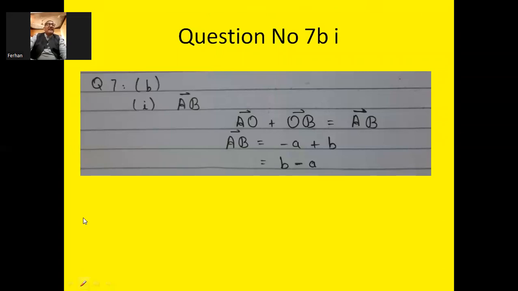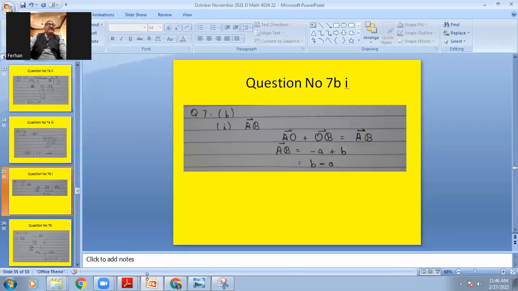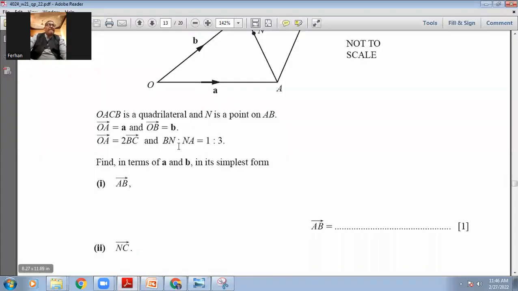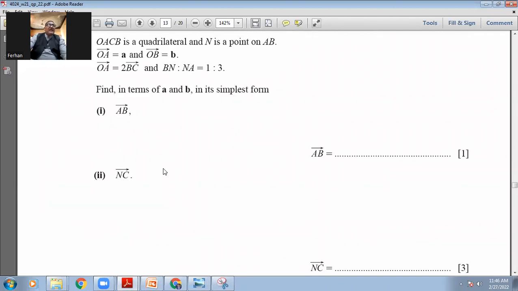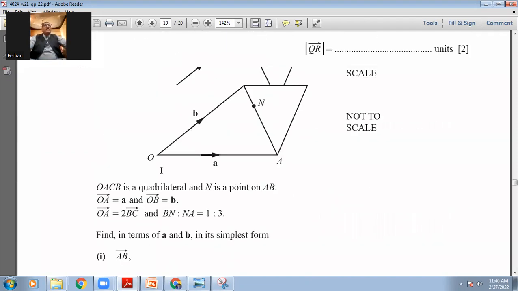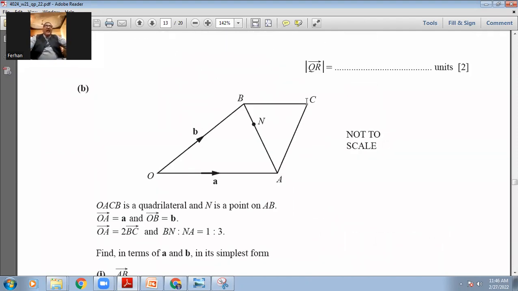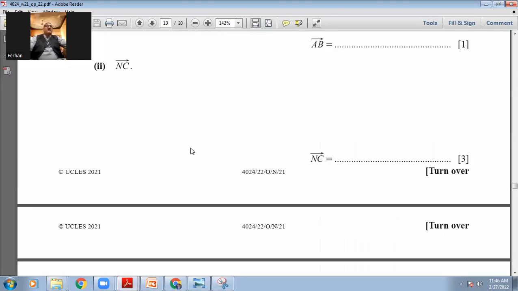So we know this value: AB is b minus a. Then he wants us to find NC. From N to B and from B to C. BC will be half of a. NB will be 1/4 of AB, according to the ratios.